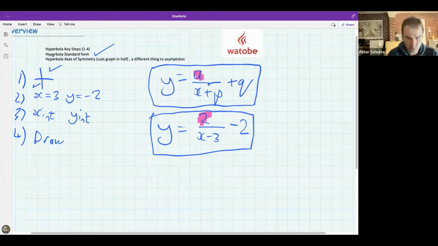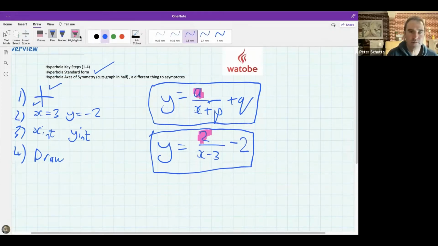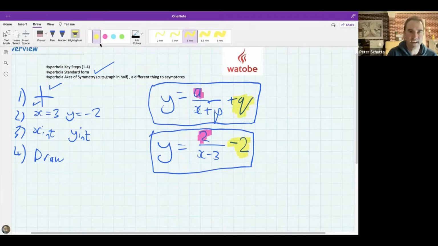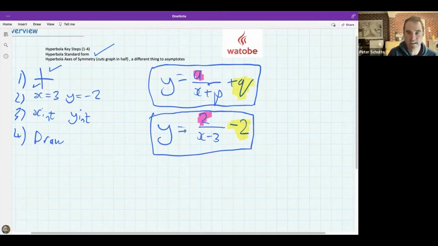You also need to realize what the p and the q are doing. The q is shifting the whole graph up or down. In this particular scenario, it's shifting it down by 2 units. And the bit that's changing in the x, this is shifting the graph horizontally.